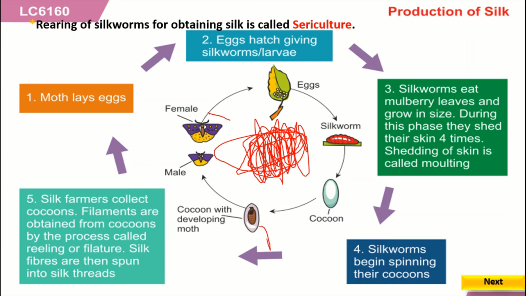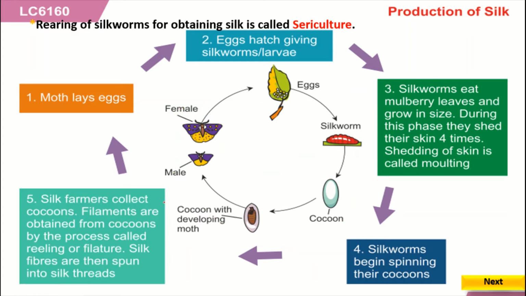So how are these silkworms formed? As you learned in 5th class, the caterpillar grows into a butterfly, and here also the silkworm grows into a silk moth, and this silk moth lays eggs, and the process repeats, right?